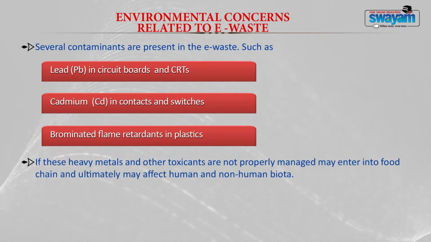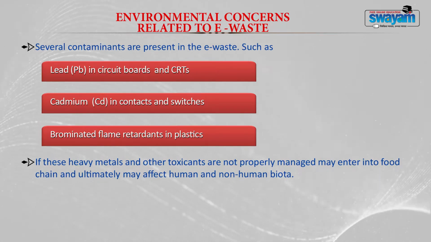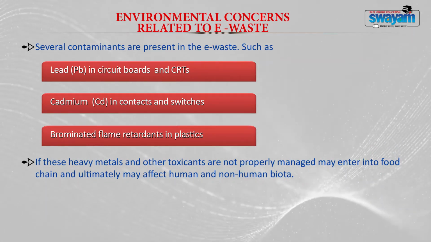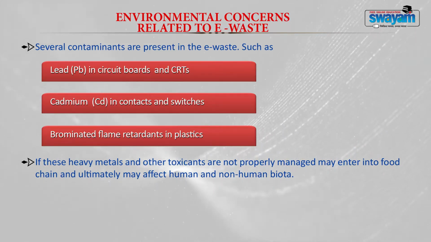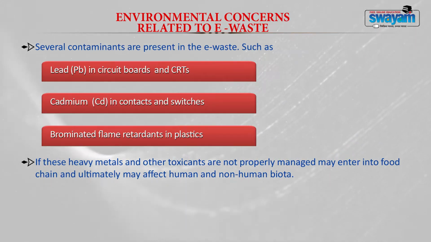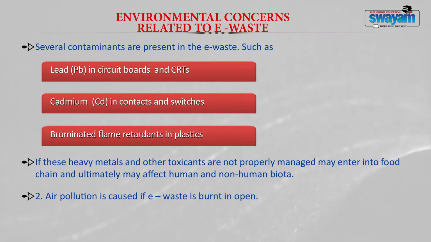Now, these heavy metals, when disposed of without any treatment, slowly enter into the soil, and through the soil also enter the food chain and affect the health of individuals. Even animals' health is affected. As for air pollution, when you burn this waste, it generates a lot of gases which might lead to air pollution.